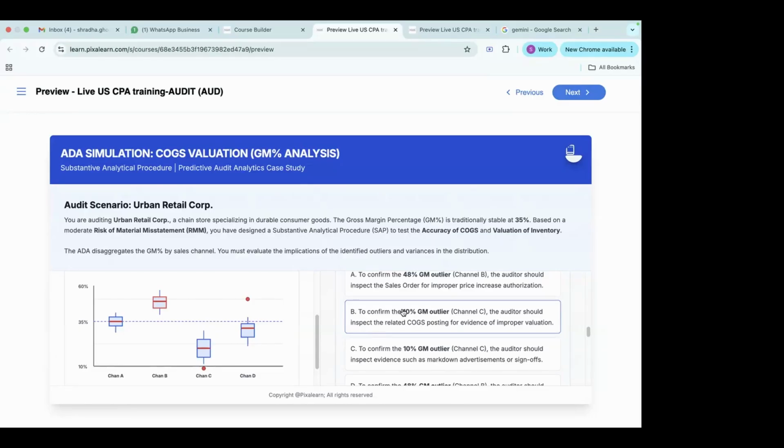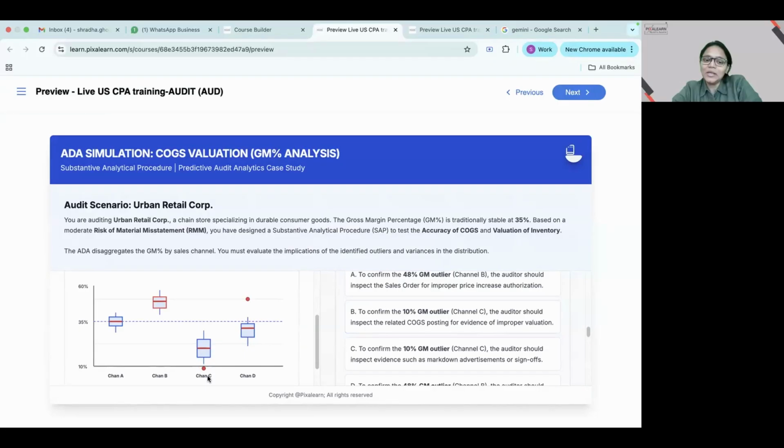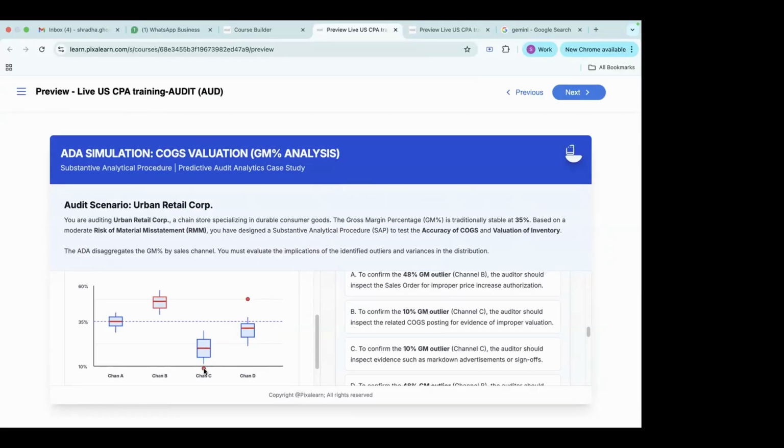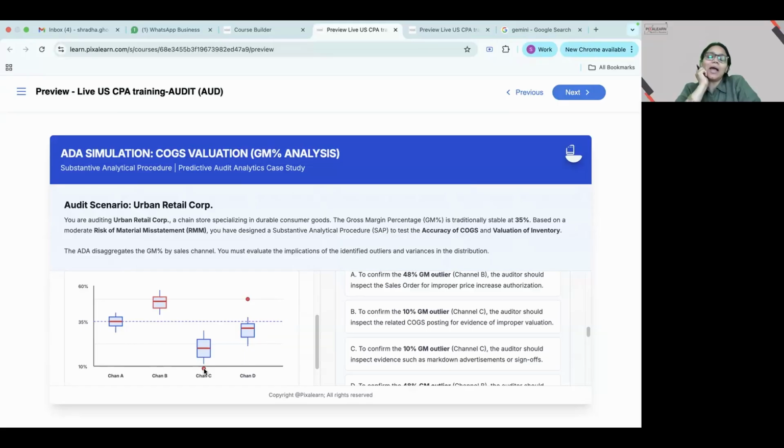Oh, okay. See, there is a 10% margin in channel C. So basically you are trying to figure out why it has gone to 10%. So that means one of the products in C is at 10%, right, ma'am? No, this means, see, ideally when the margin is low, is it because the COGS is low or is it because the sale is low?